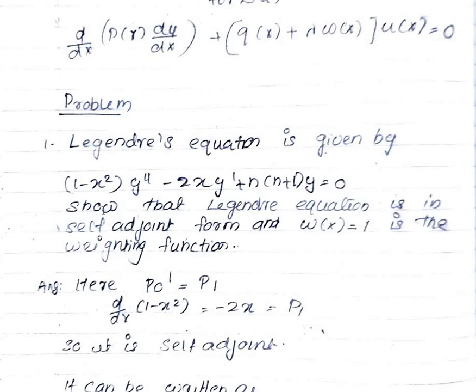Here, when we check for the self-adjoint form of this equation, the condition is p0 dash is equal to p1. Here p0 dash is d by dx of 1 minus x square, which is nothing but minus 2x. Here p1 is also minus 2x, so this is in the self-adjoint form.